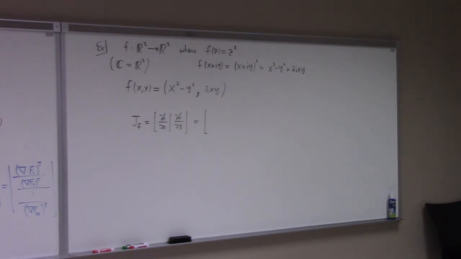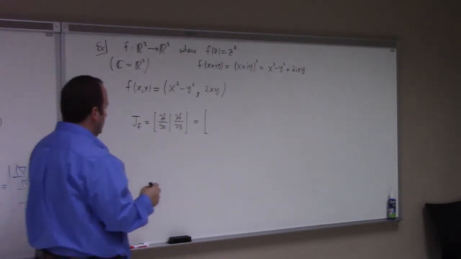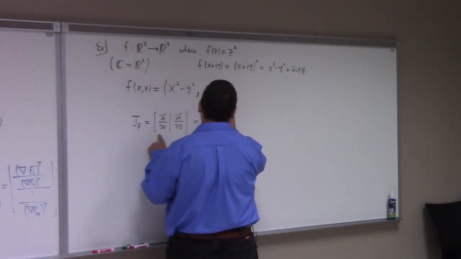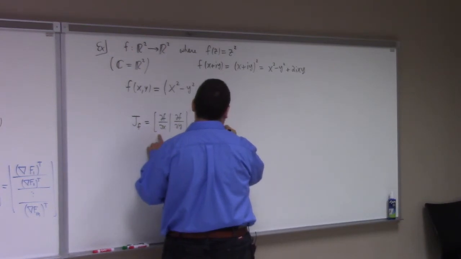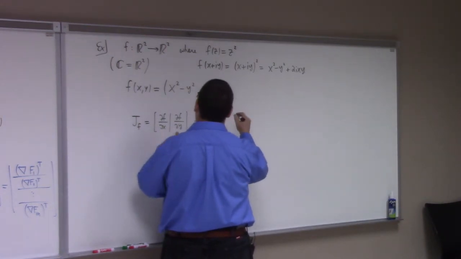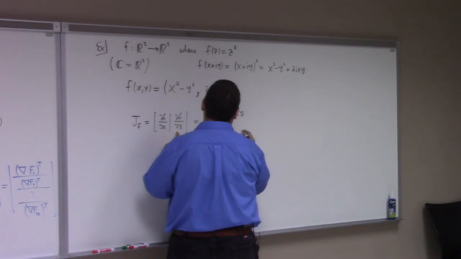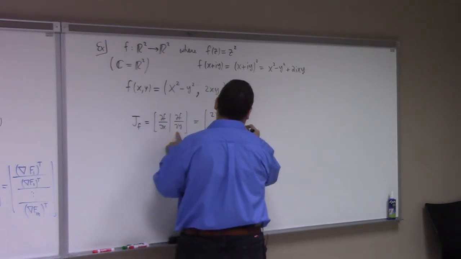So you tell me, what's that matrix? Did you figure it out? Looks like we got 2x and 2y, and over here, for ∂f/∂y, minus 2y and 2x, right?